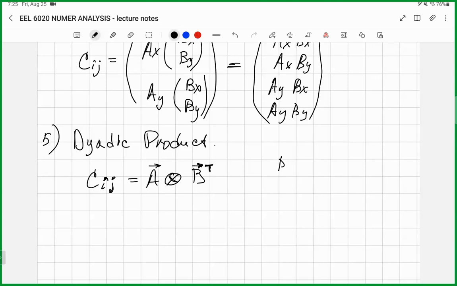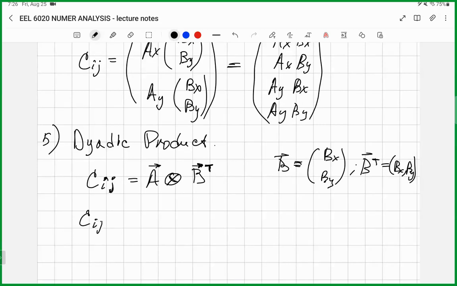So if vector B is the column of Bx and By, the transposed vector is the row Bx, By. Transposition means rotation of the vector or the matrix around its diagonal, so the column becomes the row, and the row becomes the column.